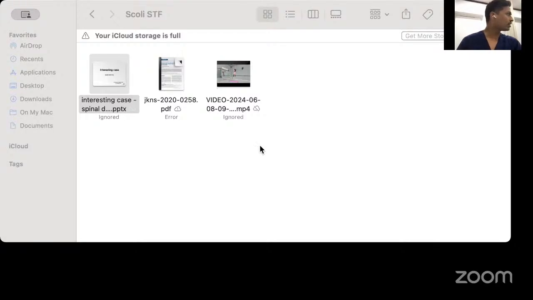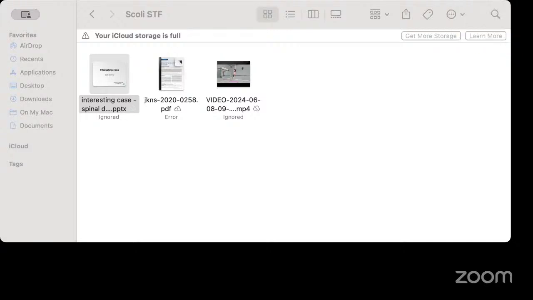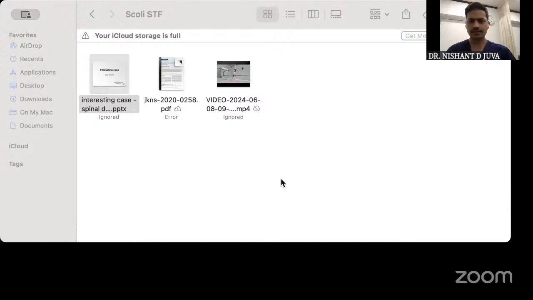Is it visible? No, we're seeing only your folder, but not the slides. Is it opening on the cloud? I think it's not opening on the cloud. No, it's downloaded on my Mac. Here, you have shared the folder. You might need to reshare the screen as a presentation. Okay, I'll do it.